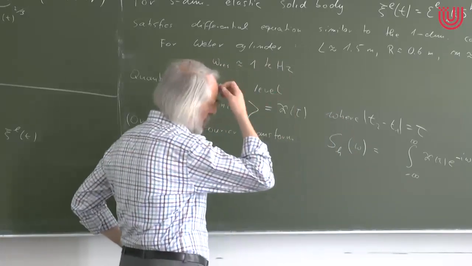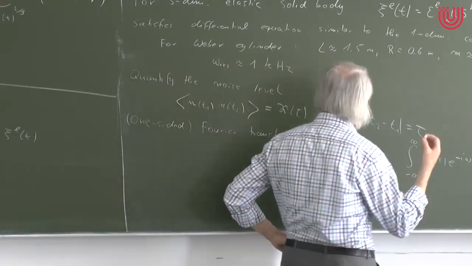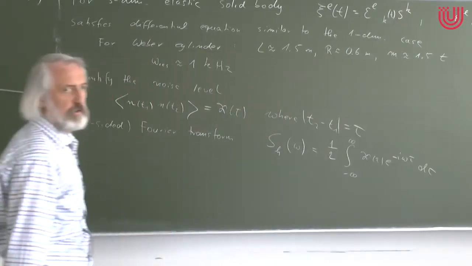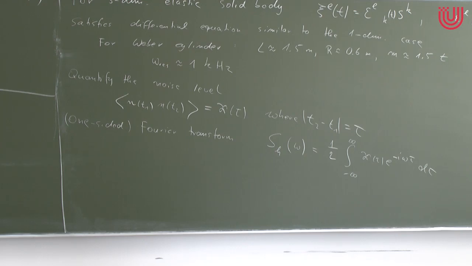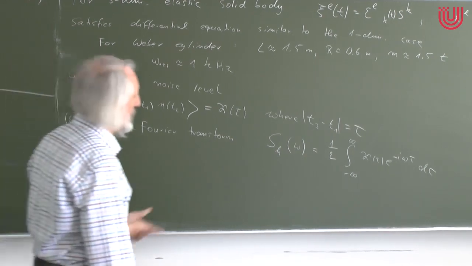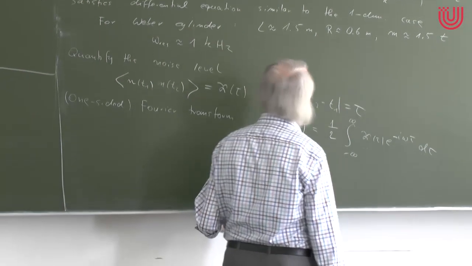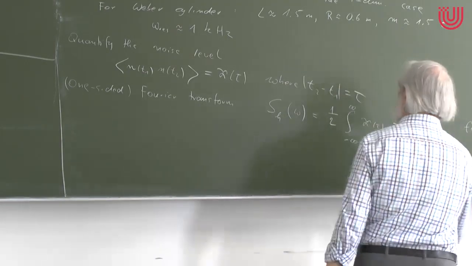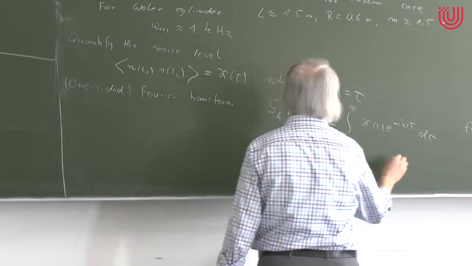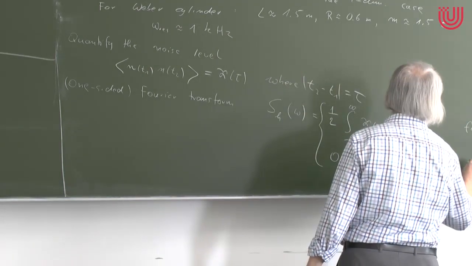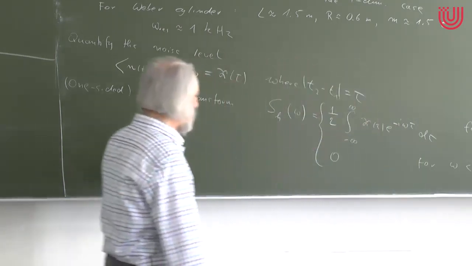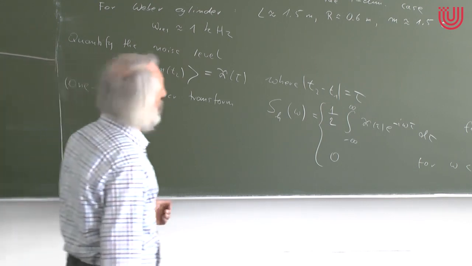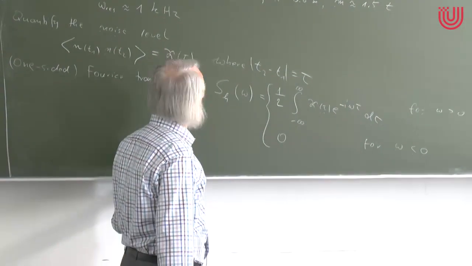The people working with signal processing, for some strange reason, always use a factor of 1/2. That's not what we are used to from quantum mechanics, where we have a different normalization factor, but this community always uses 1/2. This is valid only for omega positive, and the thing is 0 for negative frequencies. We set up the whole mechanism in a way that we have no negative frequencies in the game.